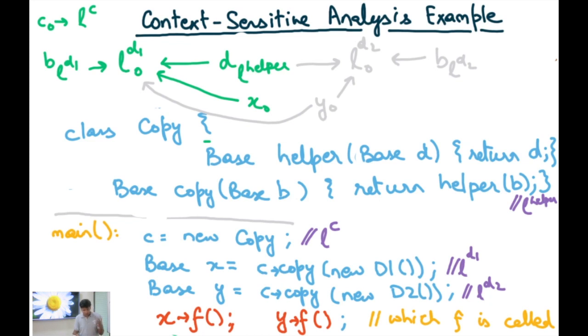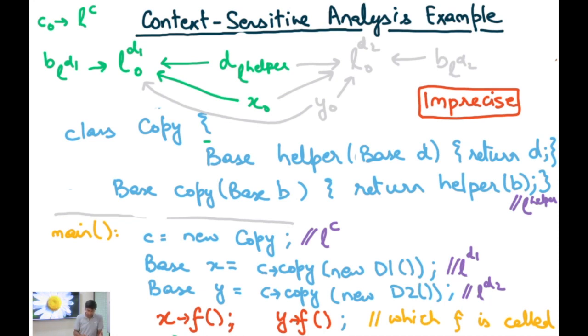Now, once again, this is not a fixed point. If I transfer again over any of these statements, then I will eventually get a fixed point which will require X0 to point to whatever D L helper is pointing to, and that would mean that X0 can now also point to L0 D2. And once again, notice that this is imprecise.